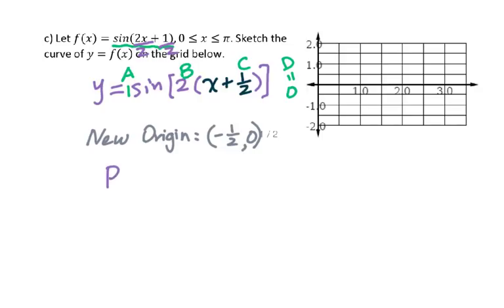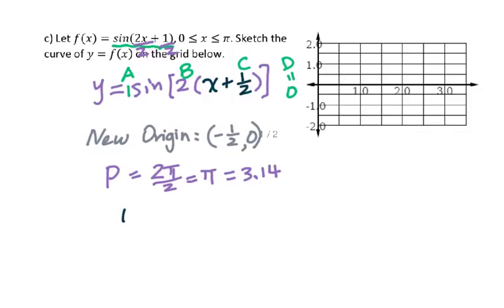And the period will be 2 pi over 2 equals pi. This time, you need to change pi into 3.14 because your given graphing paper is labeled 1 to 3, not like pi over 3 or pi over 2. So you need to change pi into 3.14.